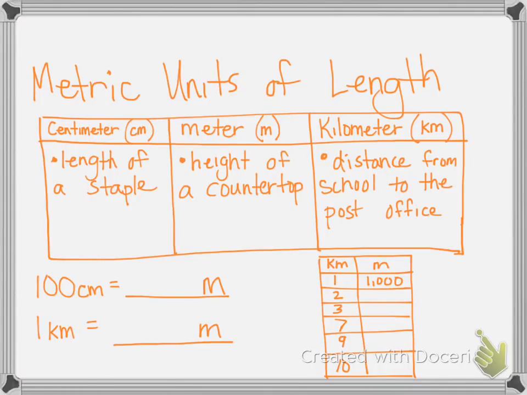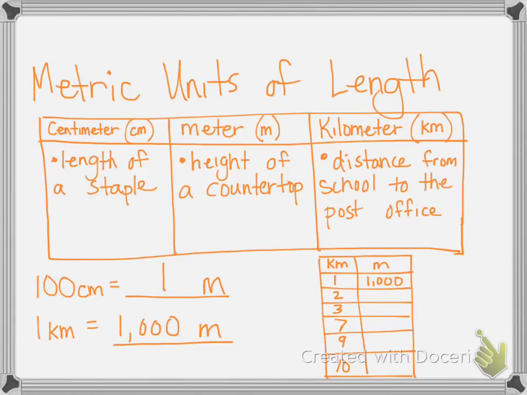Okay, now it's also important, we're going to work on those conversions underneath the table, to know that there are 100 centimeters in 1 meter. And you are welcome to pause this video and find a meter stick if I don't already have them out, and go pull out a meter stick and notice that there are 100 centimeters in a meter. Now, if we're talking 1 kilometer from here, from the school to the post office, there are 1,000 meters.